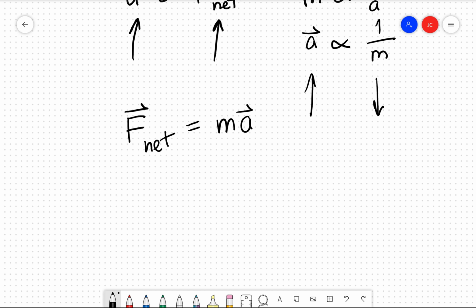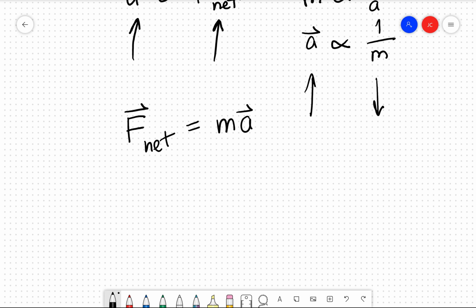The net external forces are equal to the mass of an object times the acceleration of an object. And this is a really powerful formula that allows you to do a lot of questions that involve single bodies moving in different ways with forces and mass and acceleration.